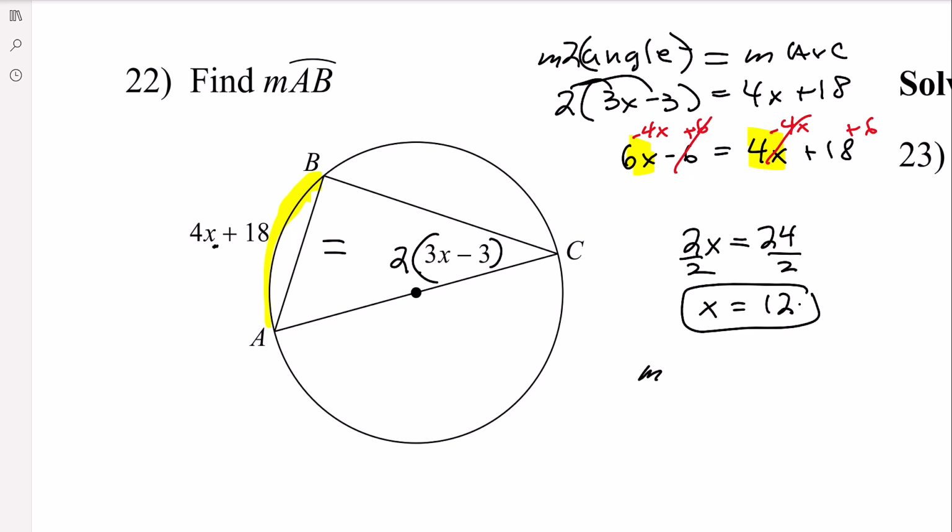So the measure of arc AB is 4 times 12 plus 18. And just in case any of you make mistakes in your brain, I would go ahead and type it in like that.